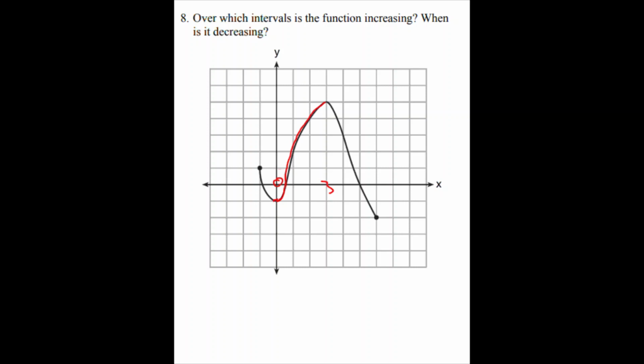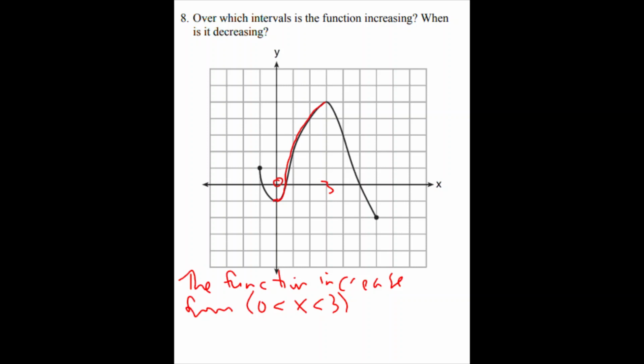So we will say the function increases from, in this case, 0 is less than x is less than 3. And that will be the interval where the graph is increasing. Meaning, as we go from left to right, all the y values are higher than the one before it.